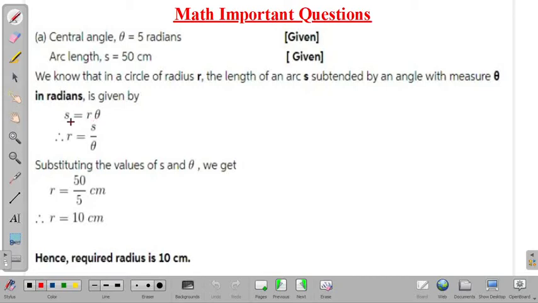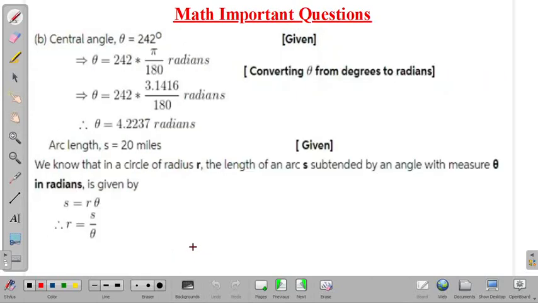As s is given and theta is given, we need to find r, therefore we can write r equal to s by theta. Substituting the given values, s is 50 centimeter and theta is 5 radian, so r can be calculated as 50 by 5, which is equal to 10 centimeter. Hence the required radius is 10 centimeter.